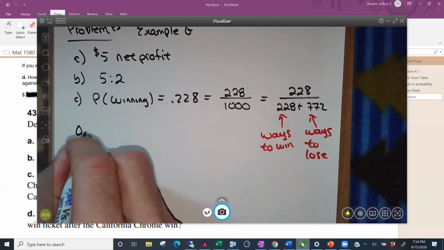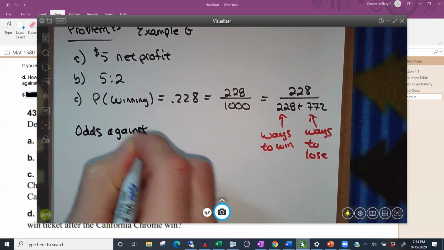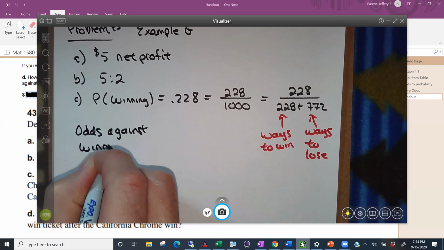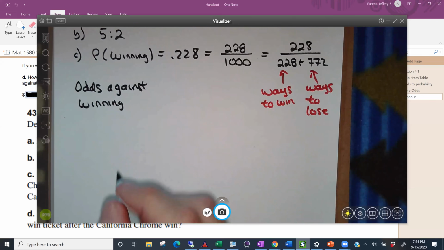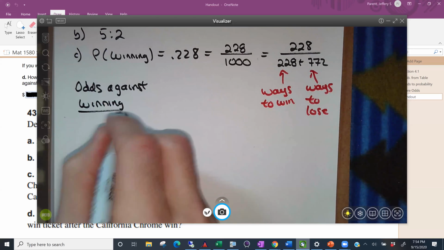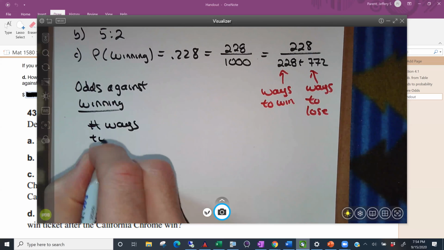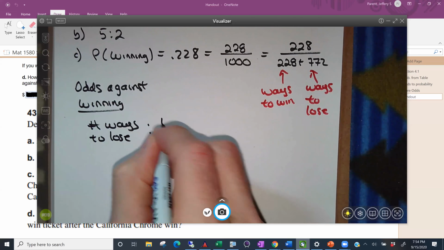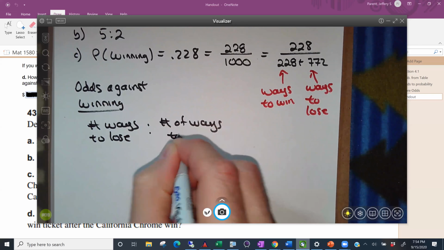So odds against winning would be the number of ways to lose to the number of ways to win.